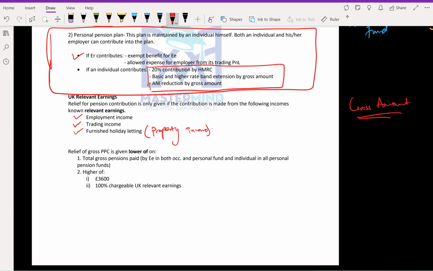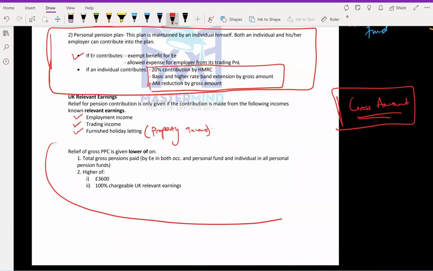If you are making the contributions from any of these three UK relevant earnings, it will count toward the gross amount. And in fact, that will become the gross amount based on the formula over here.